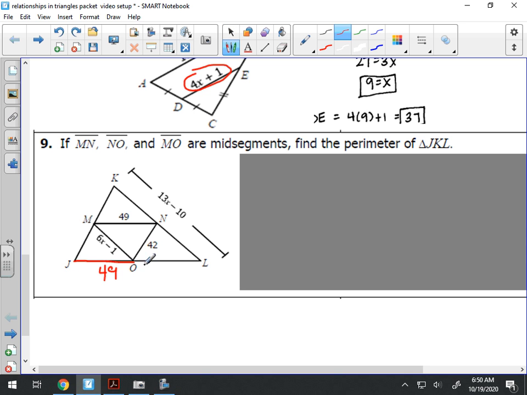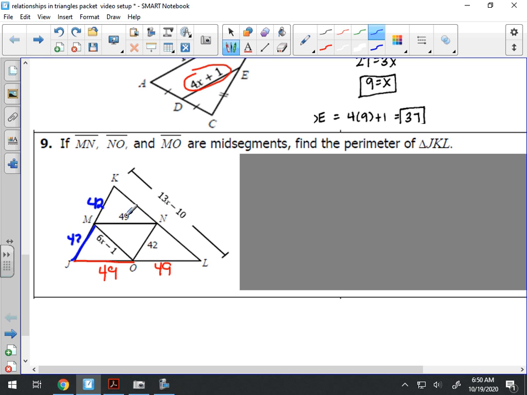And that this is a midsegment, that's doubled. So then I can do that with this side, 42. It's parallel to this little piece and equal to it. So that's 42. M is a midpoint, so that's 42 as well.